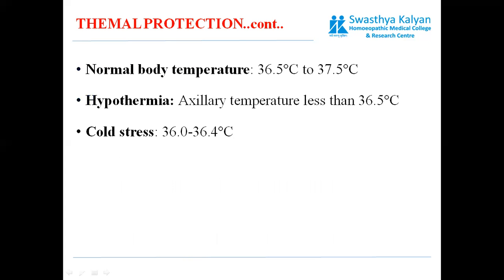Then the normal body temperature. The normal body temperature is 36.5 to 37.5 degrees centigrade. Then hypothermia is when the axillary temperature is less than 36.5 degrees centigrade.